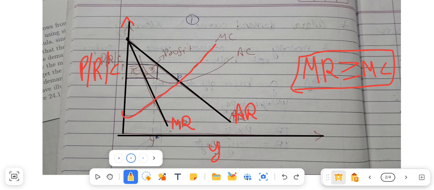So let me use a different color. This is the marginal cost curve. When the MR curve intersects the MC curve, we get the equilibrium output.